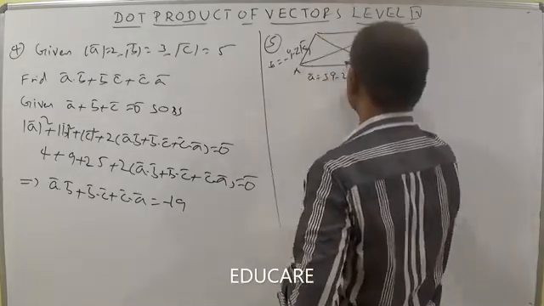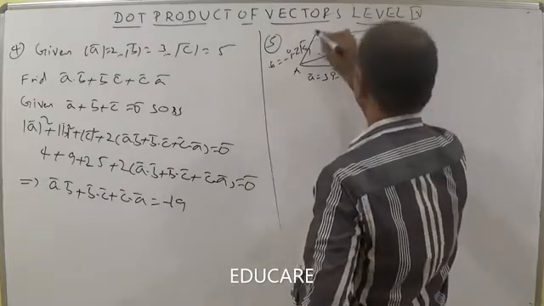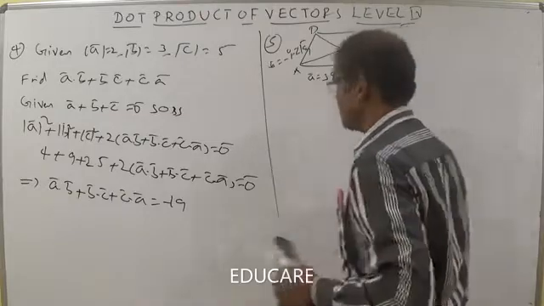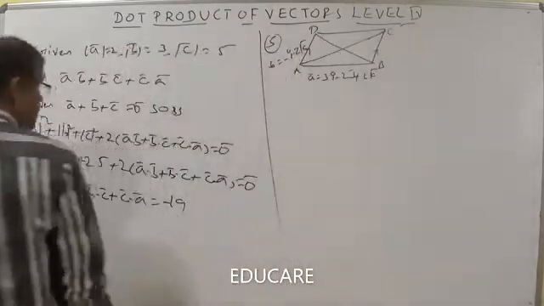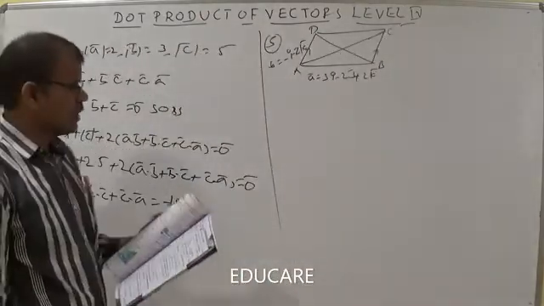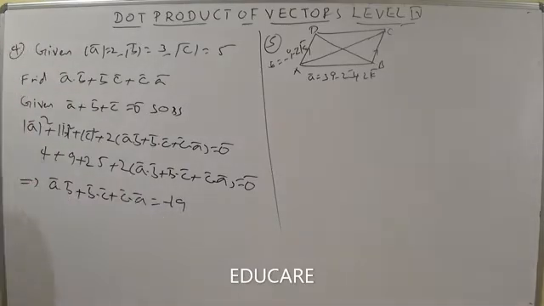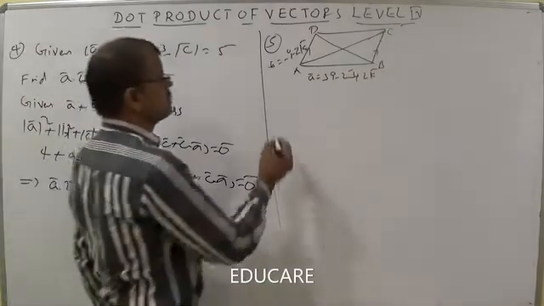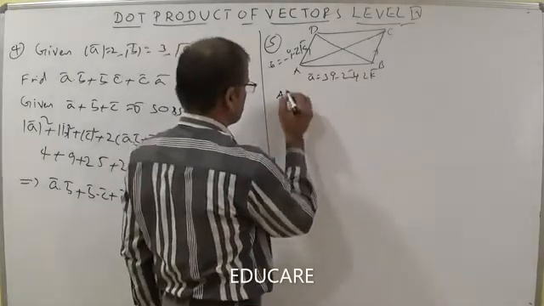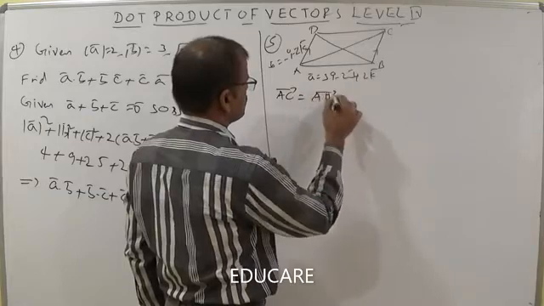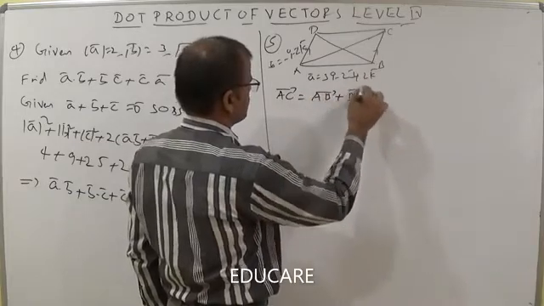Let the names be A, B, C, D. These are the diagonals. You should calculate angle between AC and BD. A equal to 3i minus 2j plus 2k, B equal to minus i minus 2k. AC, using parallelogram property, you can say that AC is equal to AB plus BC.